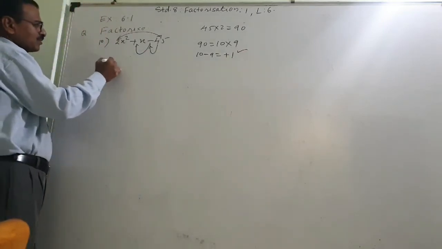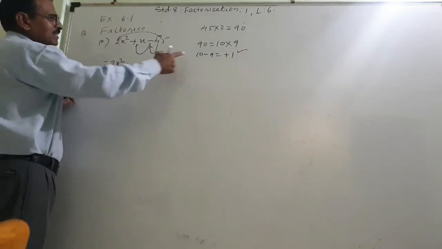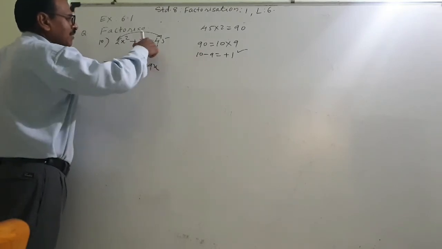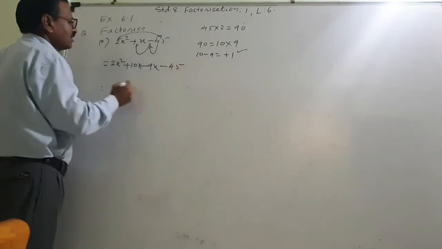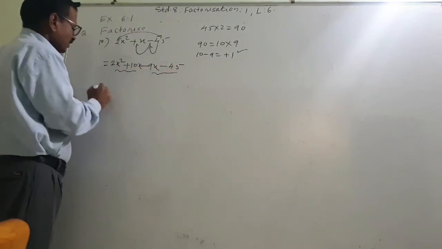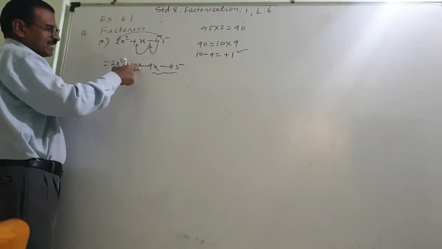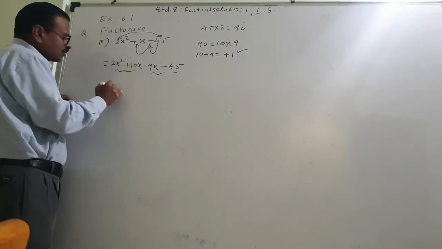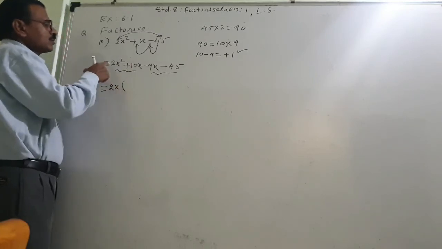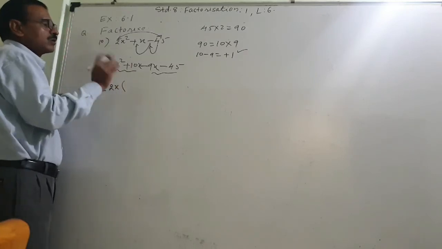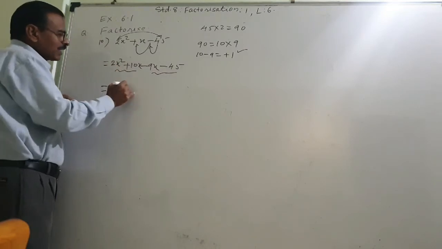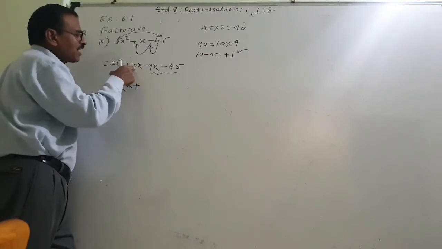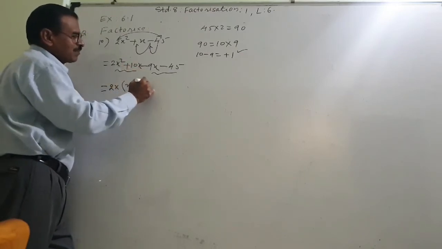So this is equal to 2x square plus 10x minus 9x minus 45. This is equal to, this is x into x, this is x, this is 2, this is 2 into 5. So 2 is common and x is also common. 2 taken out, x into x, x taken out, x remains, plus this is 5 into 2, 2 is taken, so 5 remains.